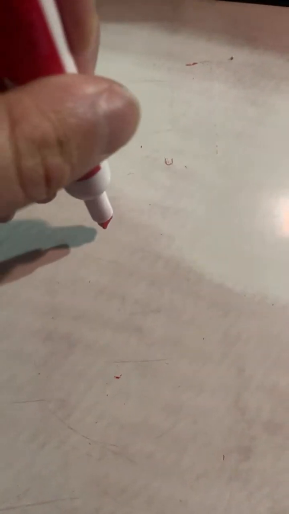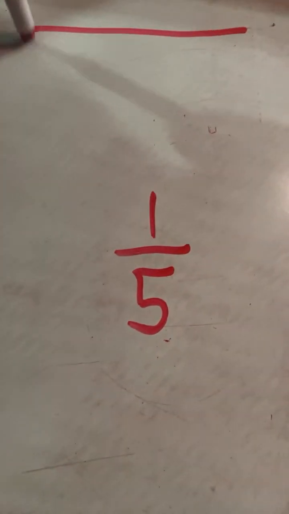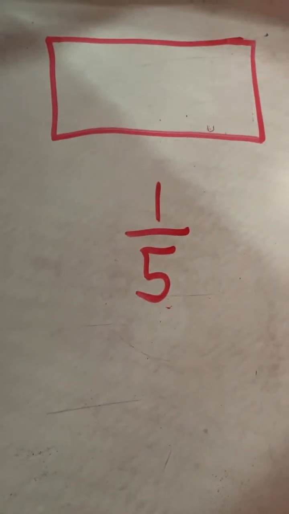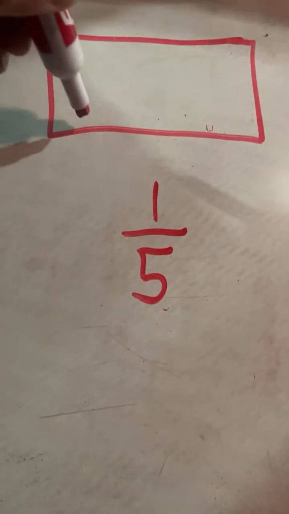Alright, gonna keep going now. Moving on to fifths. So, if I wanted to make a fraction model that represented 1/5, I would need a shape or a fraction model that has 5 total parts, because the bottom number, the denominator, is the total.